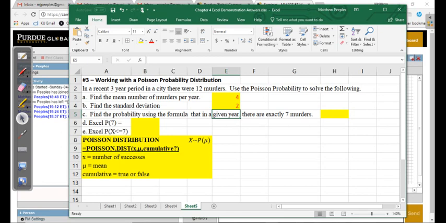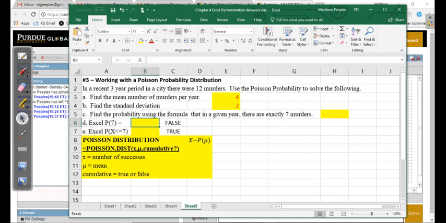So what is the probability, using the formula, that in a given year there are exactly 7 murders? Well, our formula goes like this. I have it right down here. Poisson.dist. X is the number of occurrences. Mu is the mean number per year, and whether we want cumulative, true or false. We always want false if we only want a single occurrence, and we want true if we just want a cumulative distribution.